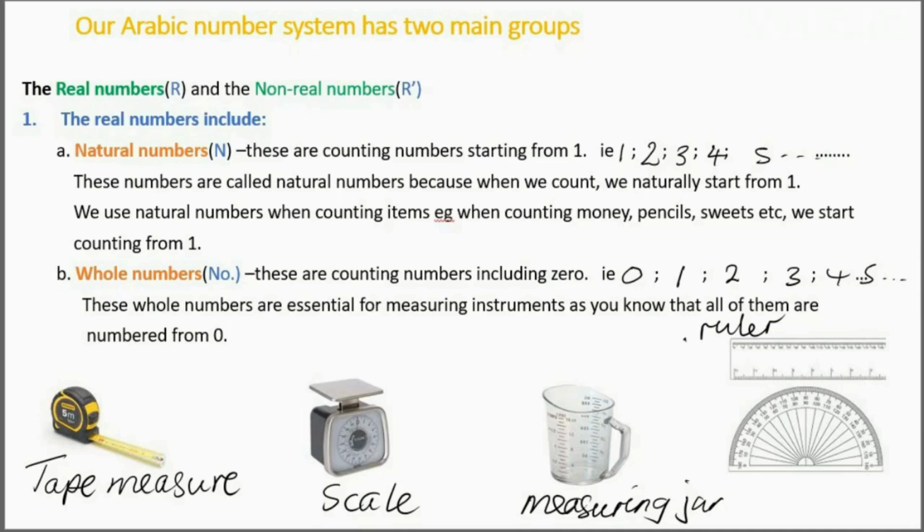And then our protractor, which we use in our maths, starts from this side, going this way. It will start from 0 to 180 degrees. And if you are measuring from this side to that side, it will be from 0 degrees to 180 degrees.